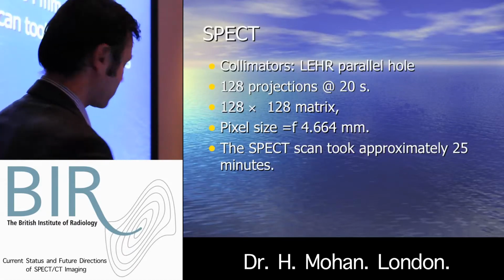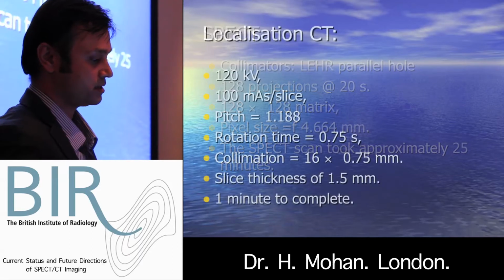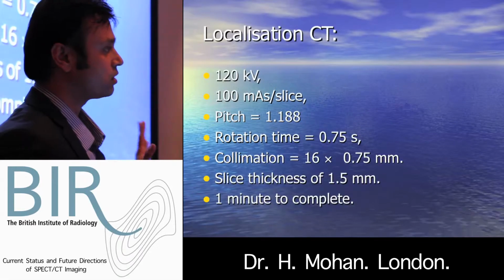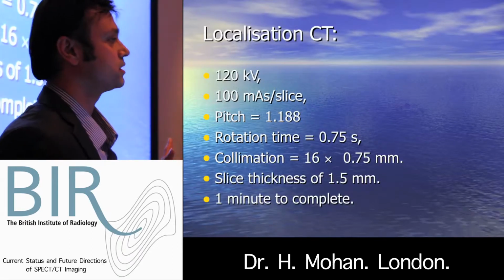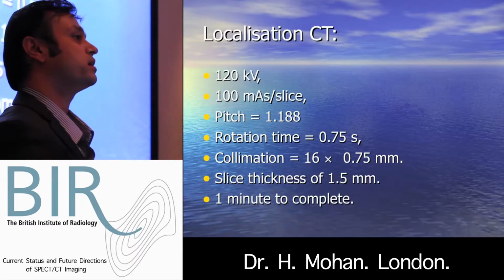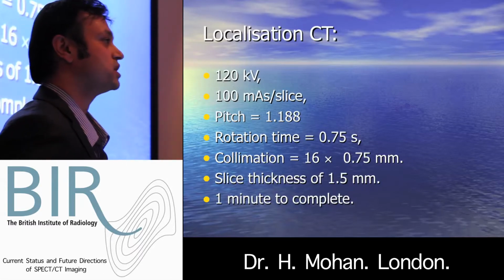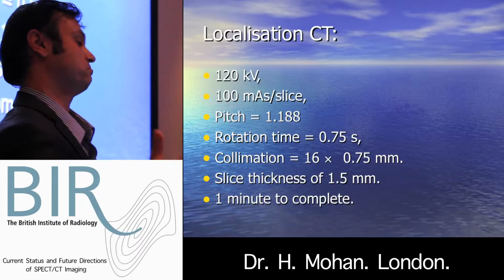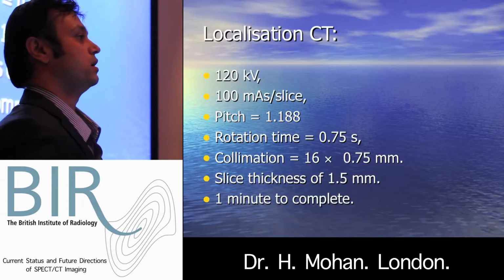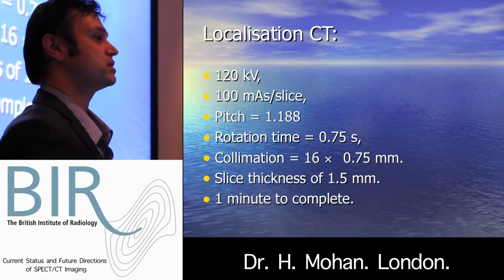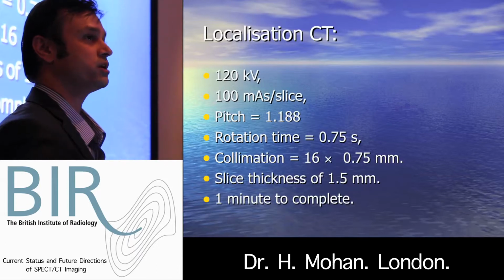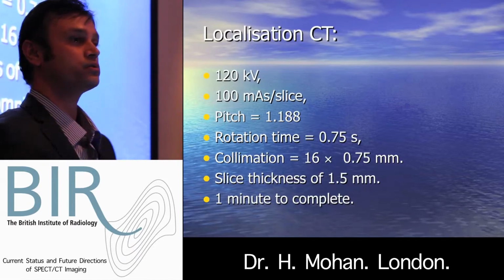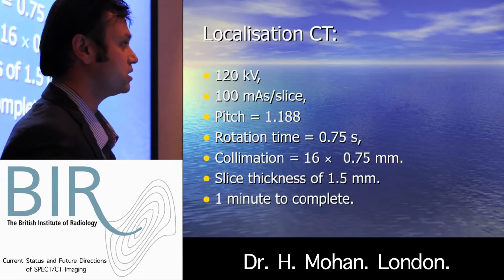These are the SPECT acquisition parameters, and these are the localization CT acquisition parameters. Now, the other debate is, what do we use for these patients? Do we use just localization, i.e. good enough CTs that can also do some attenuation correction, or do we use diagnostic quality CTs?